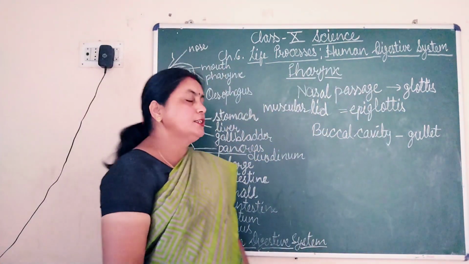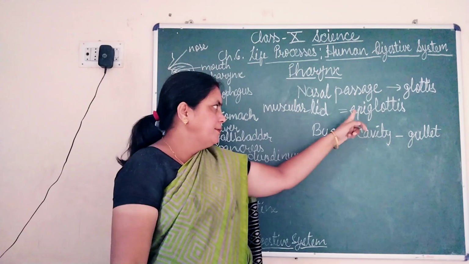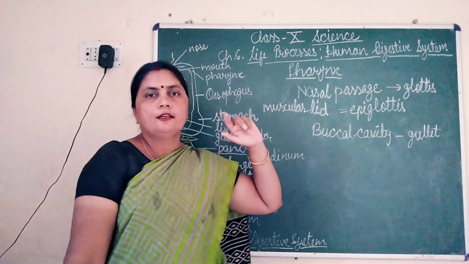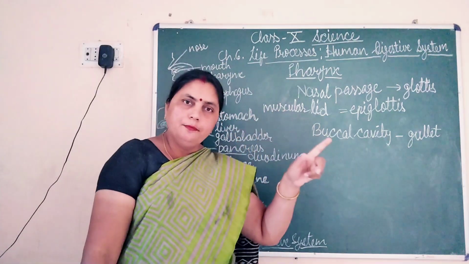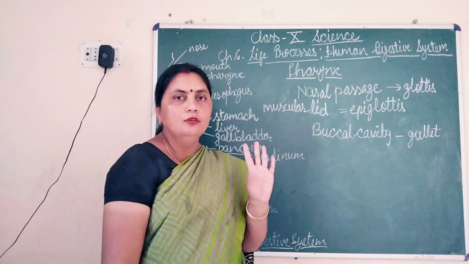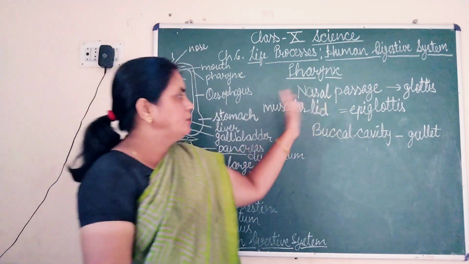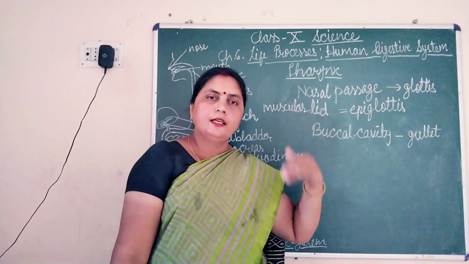So whenever we swallow the food, this epiglottis covers the glottis, due to which food cannot enter the nasal passage and goes directly into pharynx. So once we swallow, again the epiglottis is removed and we can breathe.